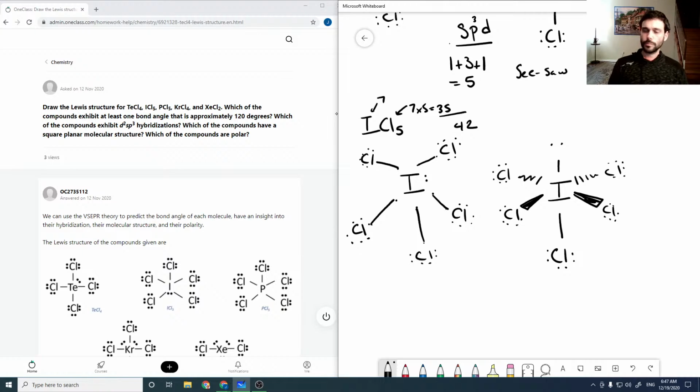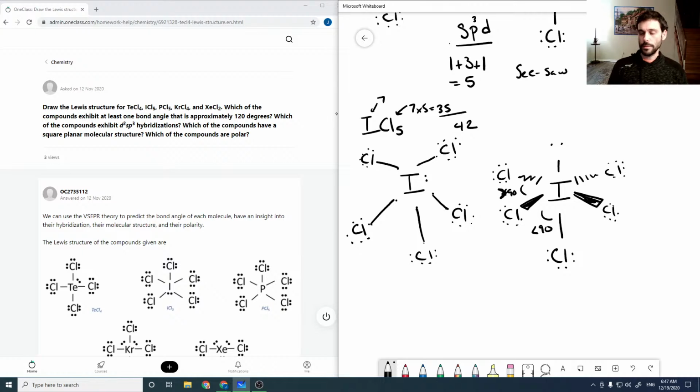And because of the electron repulsion, everything's going to be pushed down, so this is actually going to be less than 90 and less than 90 here, or actually greater than 90 here. Yeah, because these will be pushed apart as it goes down.